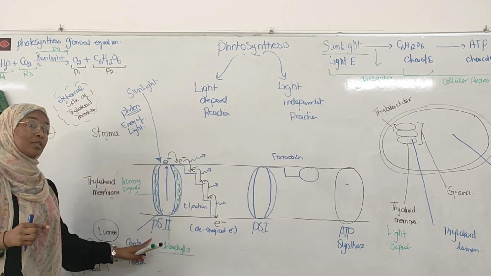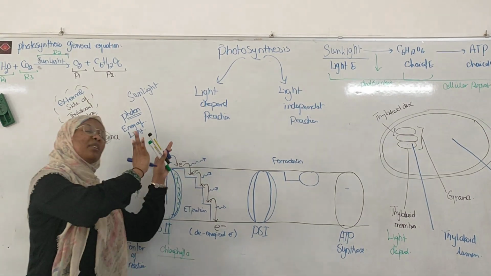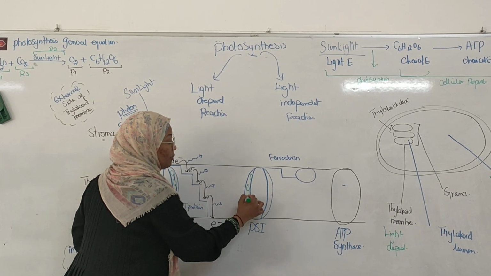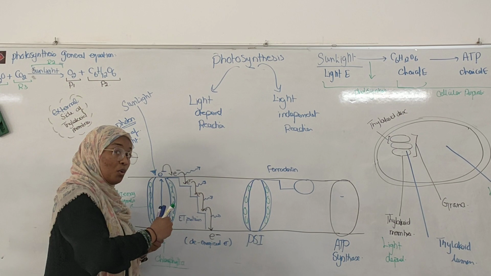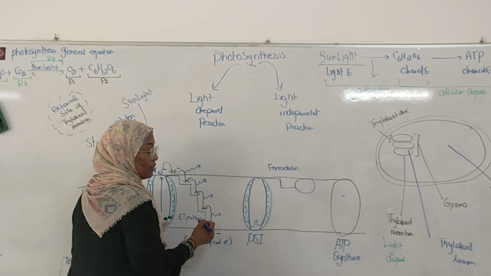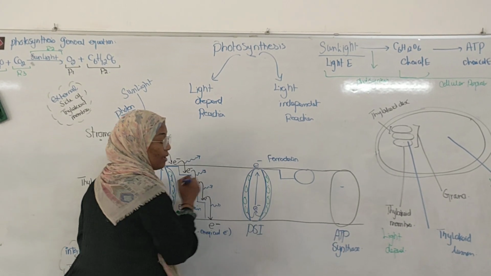So the chlorophyll of photosystem 2 is missing one of its electrons. What happens to photosystem 2 is precisely what happens to photosystem 1. The accessory pigments absorb the sunlight and then shuttle all the energy to the center of the reaction, where the electron is excited to a higher energy level.